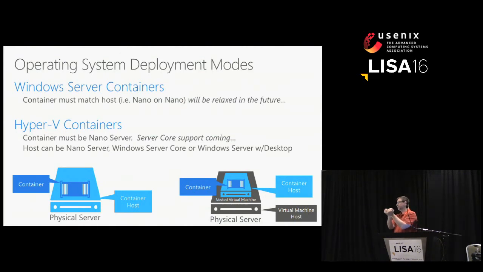You could put those both in Hyper-V containers on the same machine. And the reason for that is those Hyper-V containers are provided protection through the VM interfaces, okay? So you can think of it almost as a mixture between a container and a VM. It's a very, very light VM, but it gives you the isolation and security of a VM.